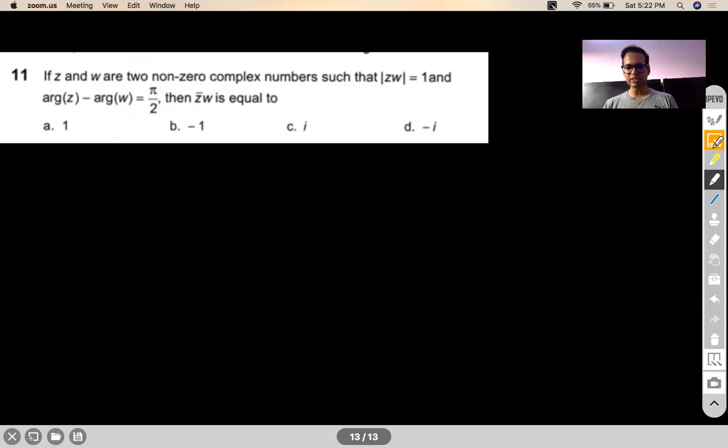I can see diversity in the answer now. Diversity is good when it comes to population, but not in the options. Lot of diversity coming in.